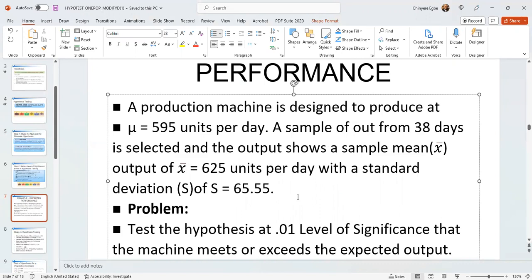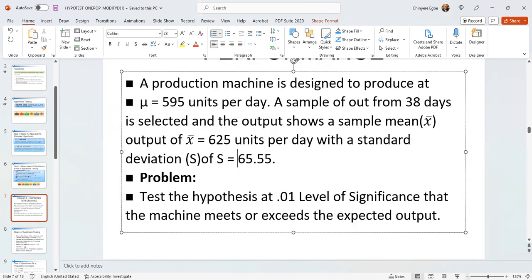So the sample mean is 625 that we calculate, and the sample standard deviation is 65.5. Our objective is to test the hypothesis at the 0.01 level of significance that the machine meets or exceeds its expectation. Now, what will be our hypothesis?